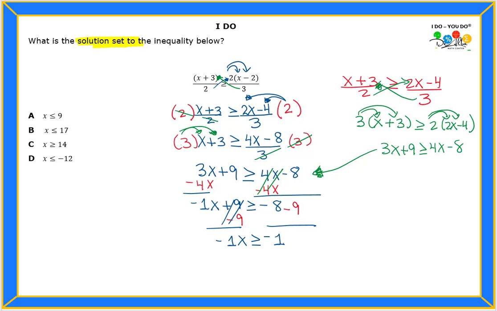It's negative 17. So what do I need to do next? I need to divide by the negative 1 because I need to make sure that I don't have a negative number. Now, when I divide by a negative number, what do I need to do with the inequality sign? I am going to need to switch my sign. Yes, we have to switch the sign.